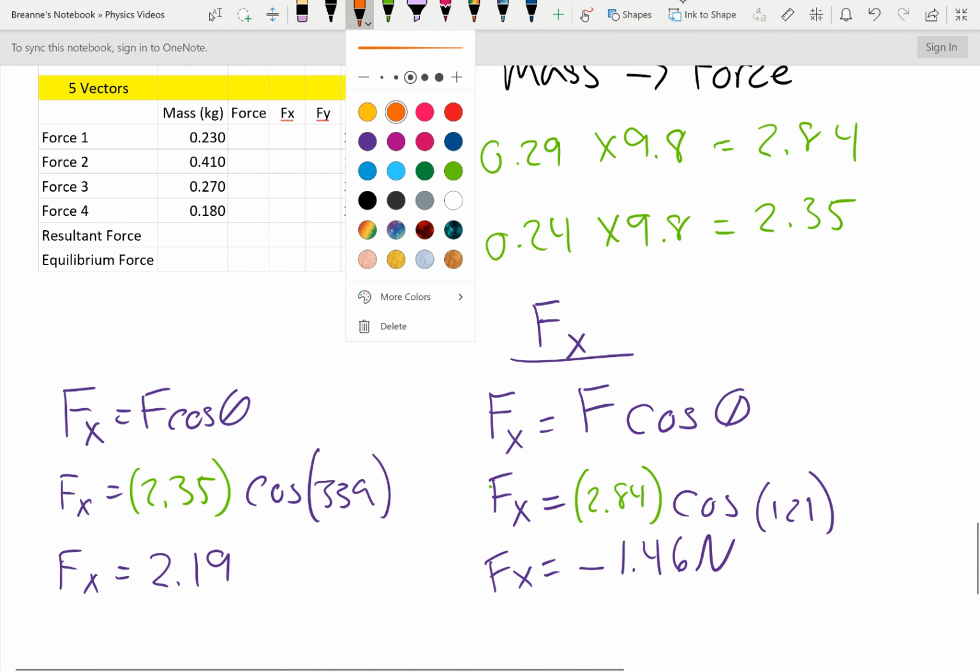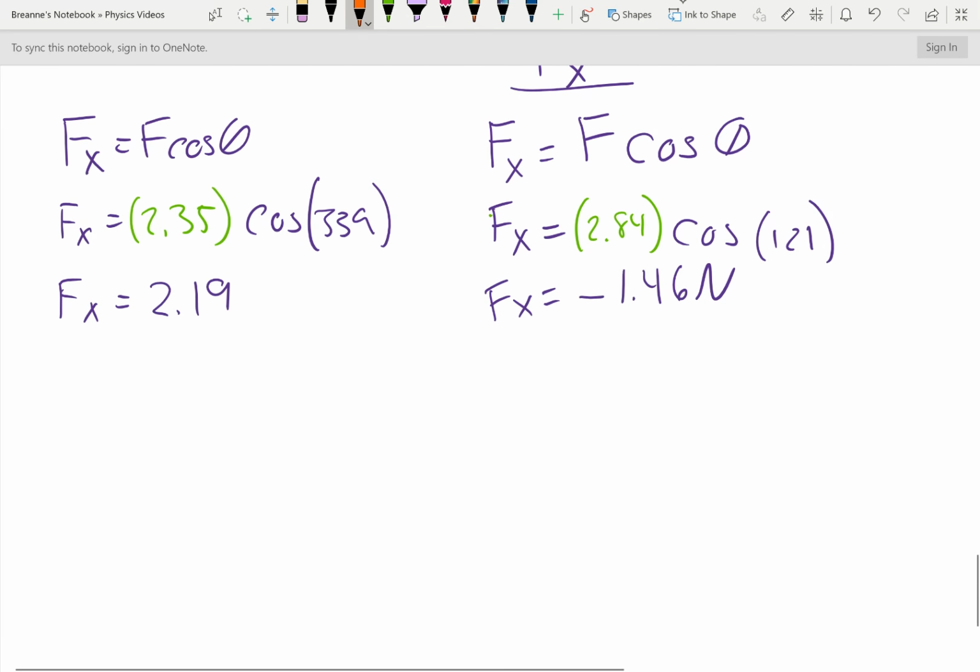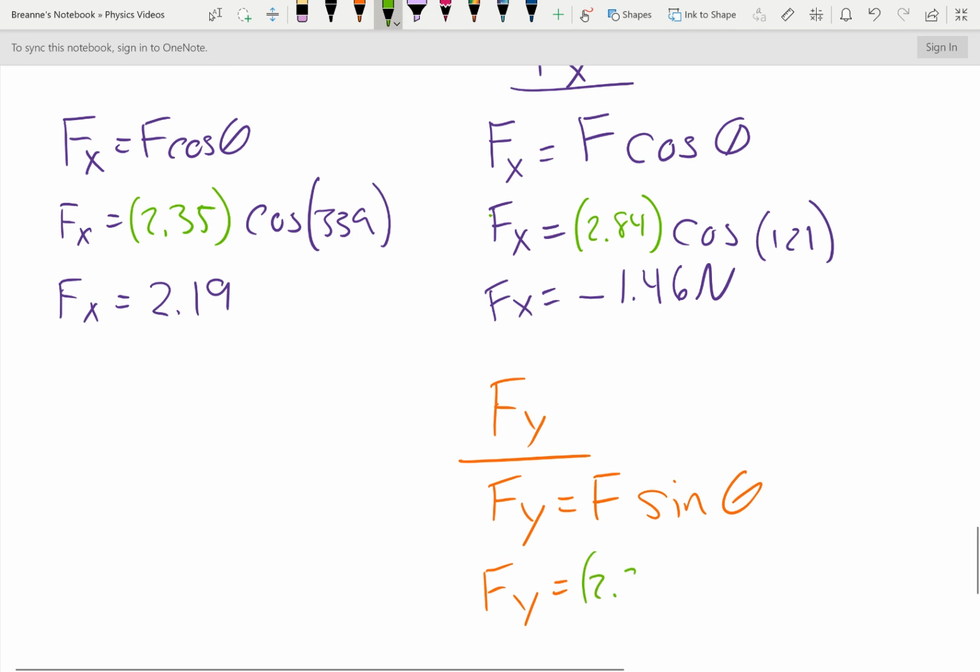So your force in the y, you're going to use, again, your normal force and just do sine of your angle. So it was 2.84, sine your angle was 121.